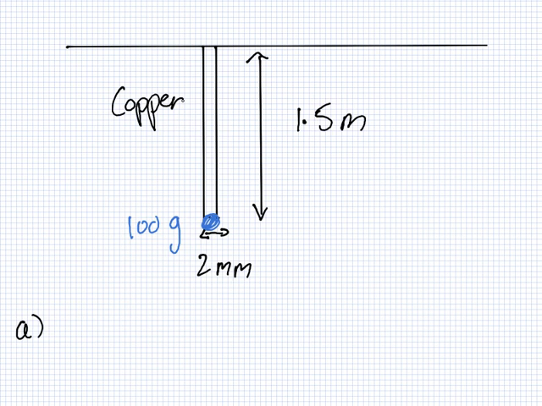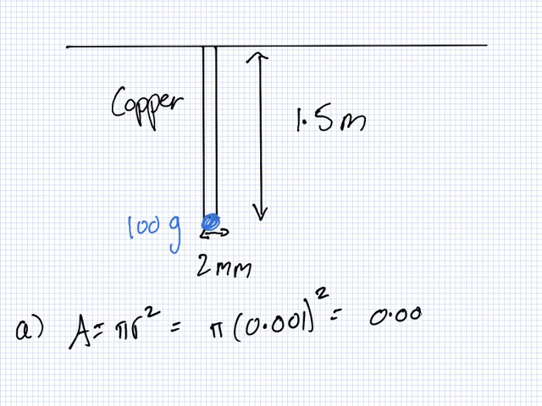So what's the r here? 1 millimeter. Yeah. So the area is pi r squared, which is pi times 0.001 squared, which is 0.001234566. Is that right?